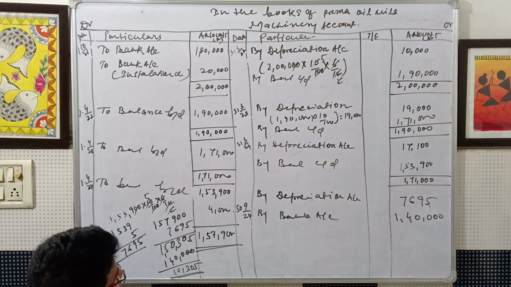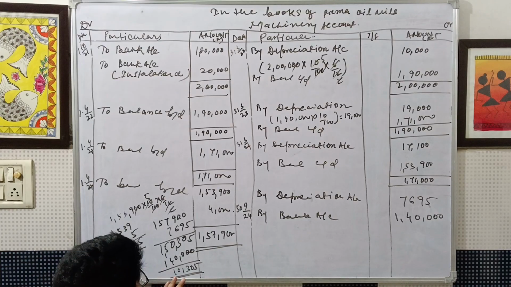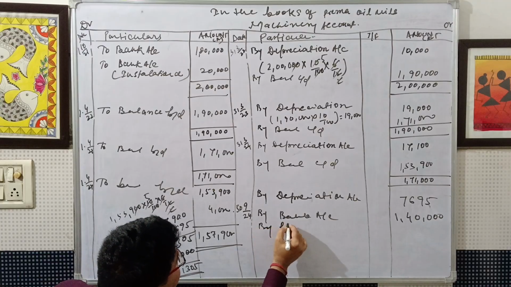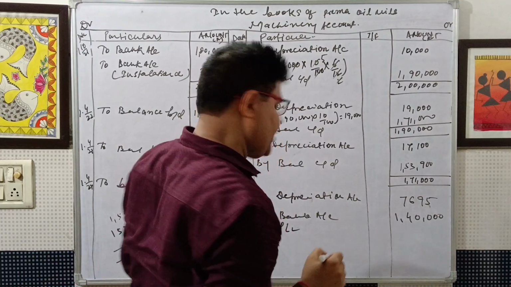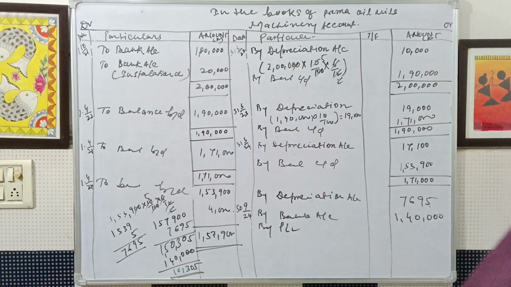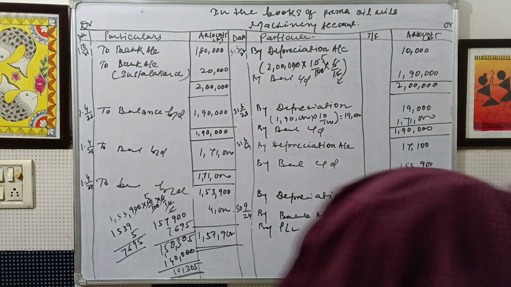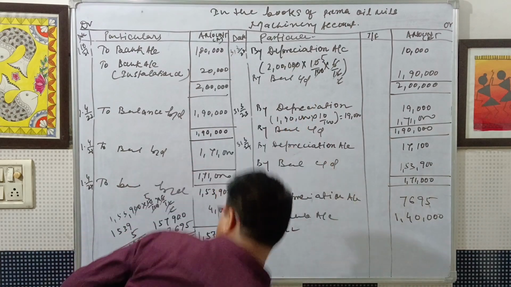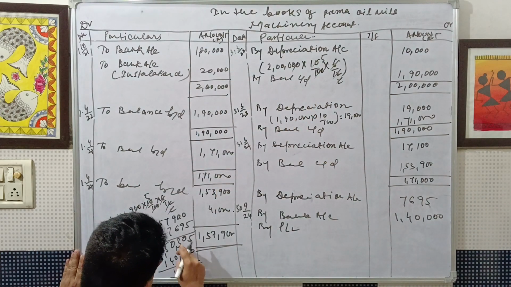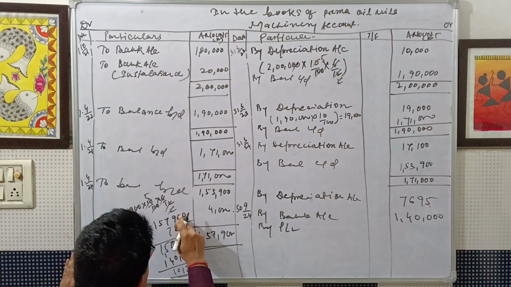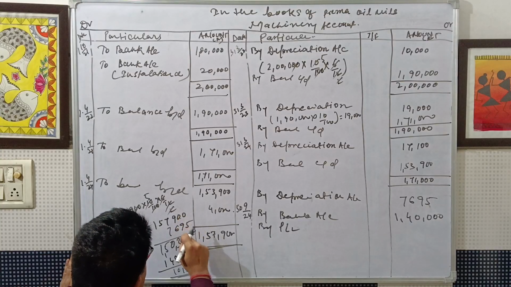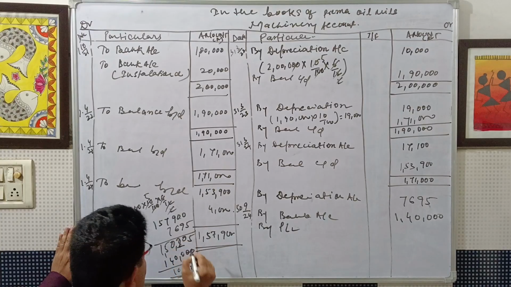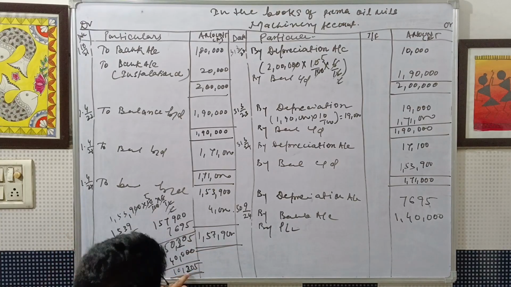So in this machine, 10,305 is to the P&L account, by P&L, the loss account, 10,305. 10,000, 10,000, 10,000, 50, 5, sorry, 10,205.